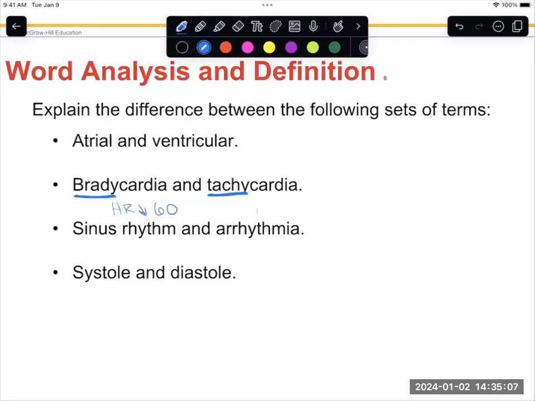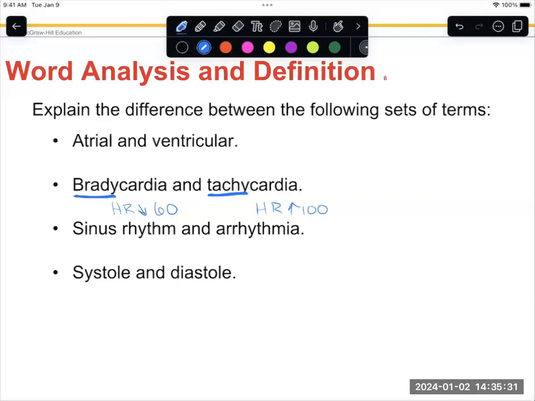That is HR for heart rate above 100 beats per minute. When we're talking about heart rate, we're talking about how many times the heart beats or contracts per minute.